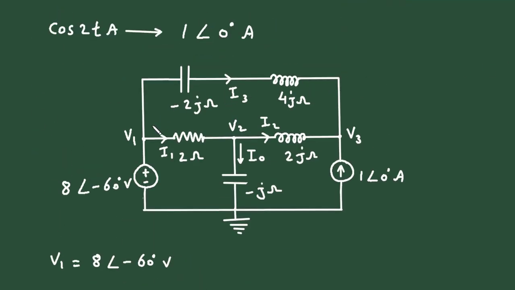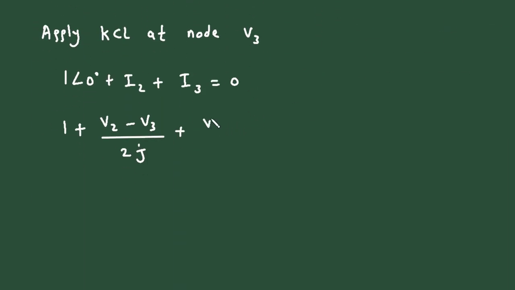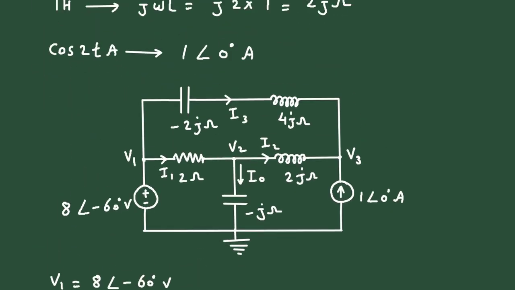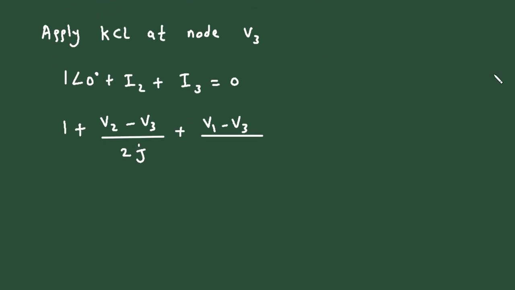So I3 is V1 minus V3 divided by 4J minus 2J. So we have to add these two to get the total impedance. So 4J minus 2J, then it is equal to 0.